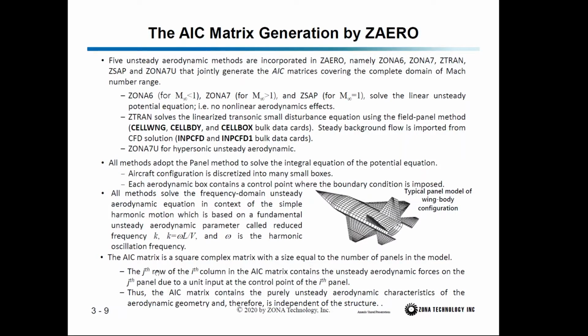The ith row of the jth column in the AIC matrix contains the unsteady aerodynamic force on the ith panel due to a unit input at the control point of the jth panel. Therefore, the AIC matrix contains the purely unsteady aerodynamic characteristics of the aerodynamic geometry, and is independent of the structure.